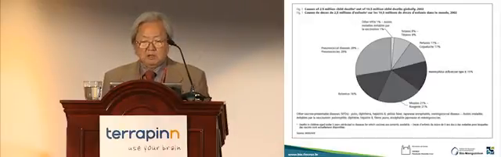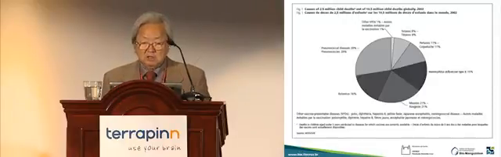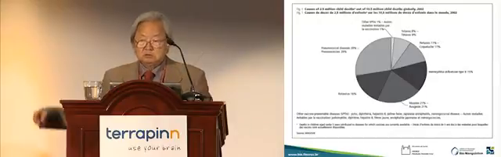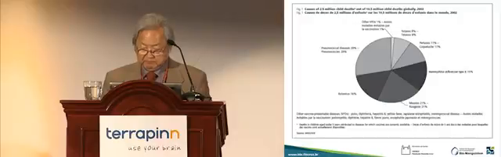You have pneumococcal diseases, Haemophilus influenzae disease, pertussis, tetanus, measles, which is a very cheap vaccine, and rotavirus vaccine. So 2.5 million child deaths could be avoidable.